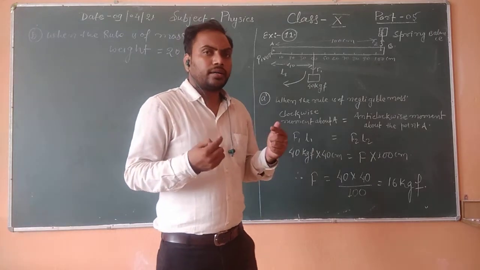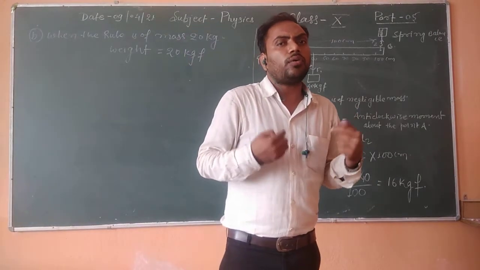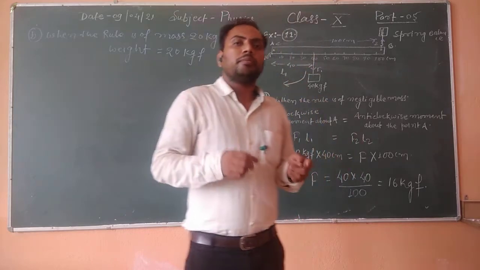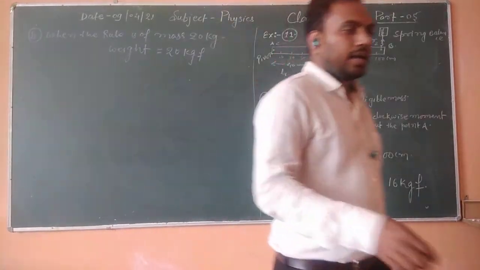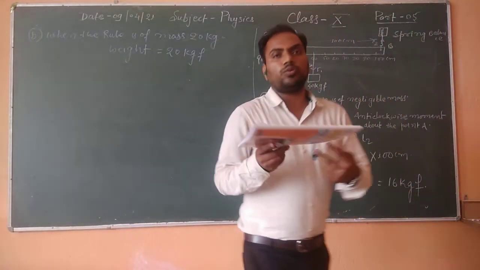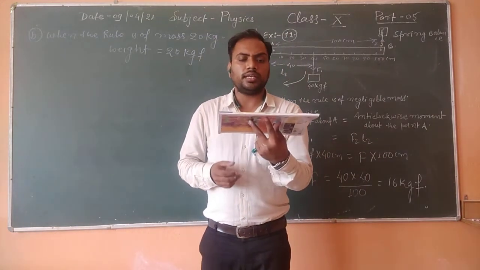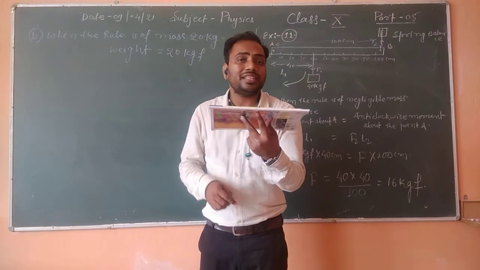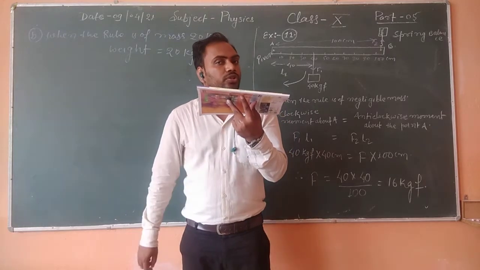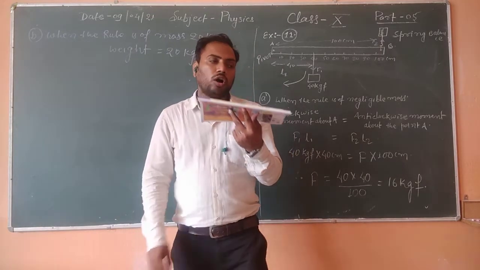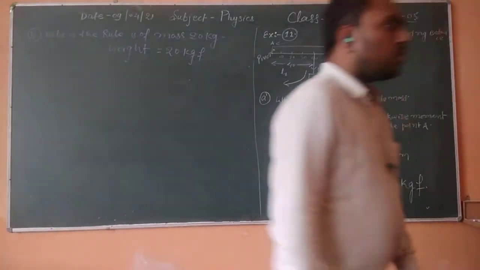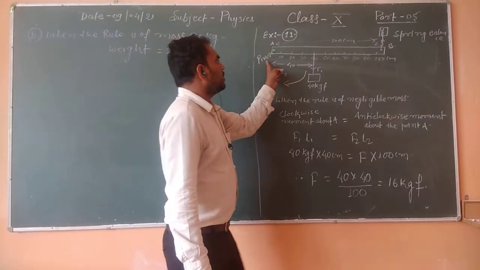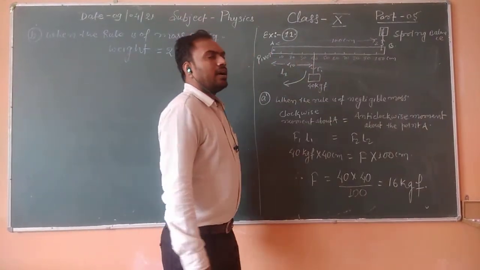applied at the center of gravity of a body. It means that if any object, like this notebook, appears balanced, I am applying force at the center of this object. The ruler is of length 100 centimeter.